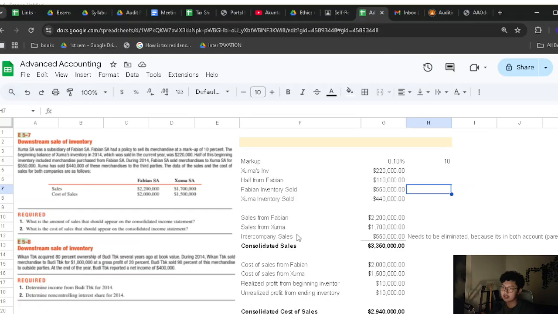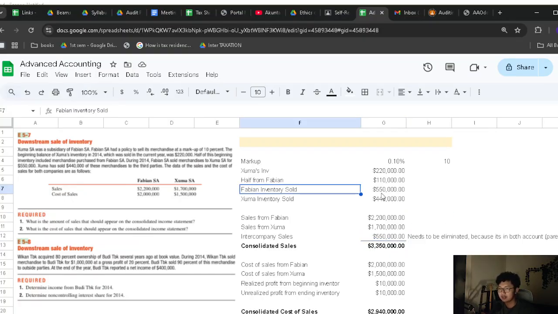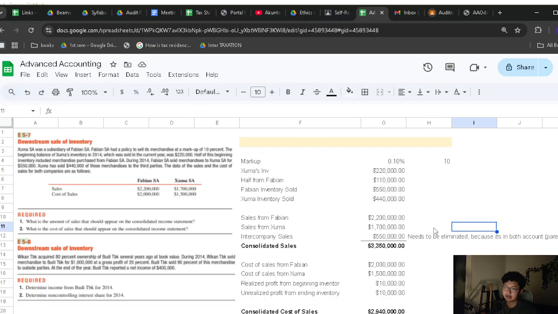For the sales, I combine the sales from both Fabian and Exuma, but then I eliminate 550, because Fabian sold their inventory for 550 and Exuma sold 440, but then they still have 110. They're going to be selling at 550 anyway. So what this means is that there are two 550s in these sales, and the idea is that one of the 550s needs to be eliminated to prevent double counting.